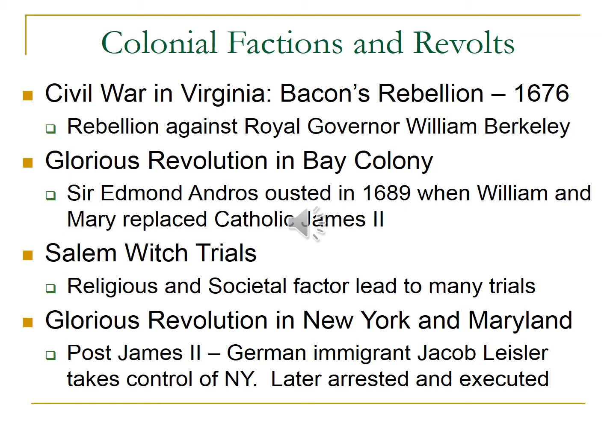And Sir Edmund Andros, who had been supported by James II, the Protestant majority rose up against what they saw as Andros's tyrannical rule, and basically he barely escaped being tarred and feathered and strung up and killed. And there were a lot of riots in the streets, but it was basically a revolution once the William and Mary duo took over.